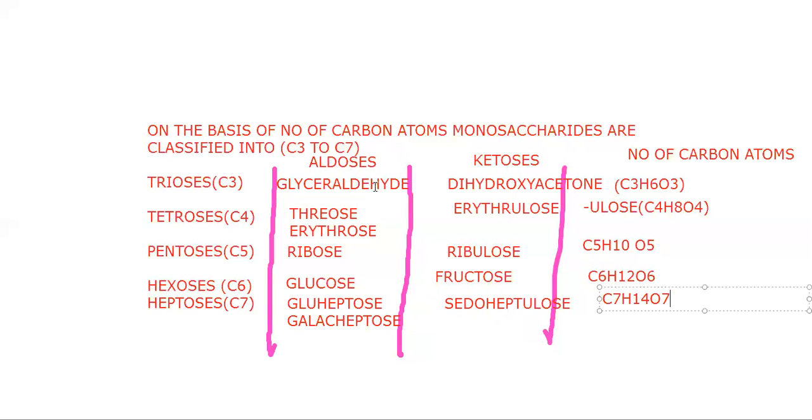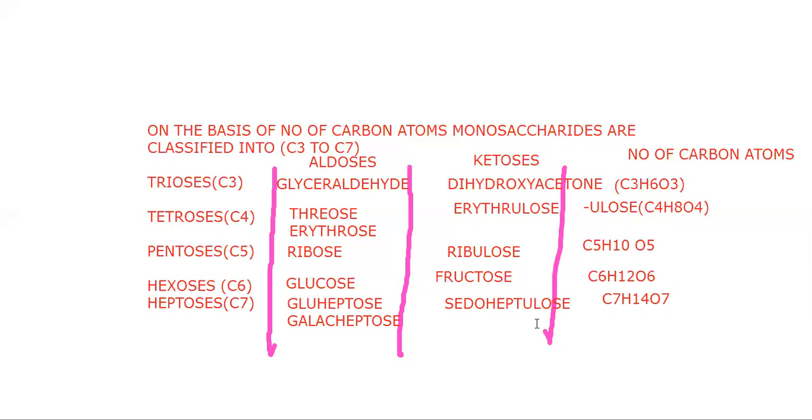The trioses are glyceraldehyde and dihydroxyacetone; in tetroses there are threose and erythrose, and the ketose is erythrulose; pentoses are C5, ribose and ribulose; hexoses are glucose and fructose; and heptoses are glucoheptose, galactoheptose, and sedoheptulose.